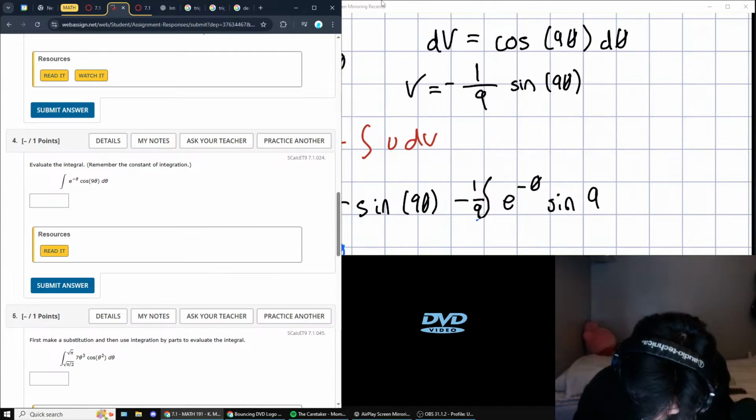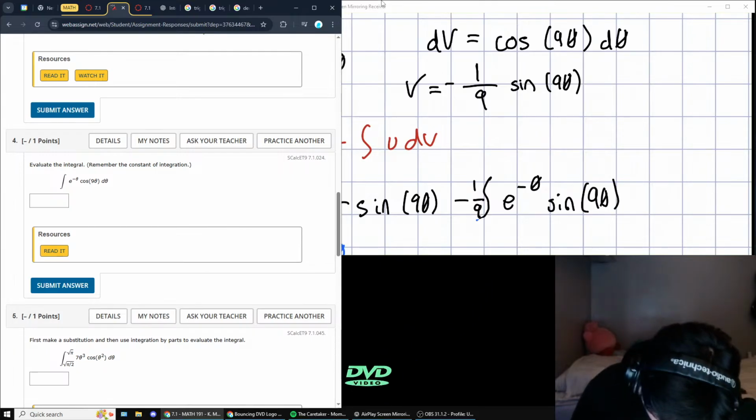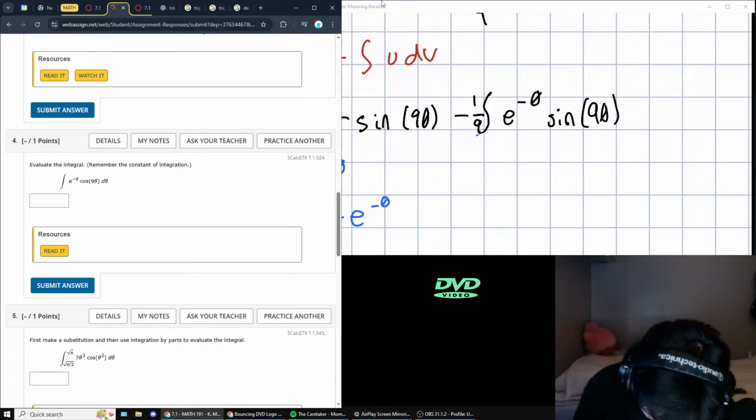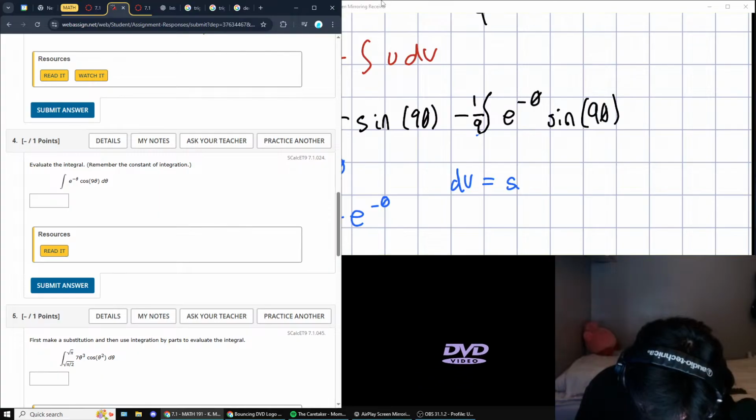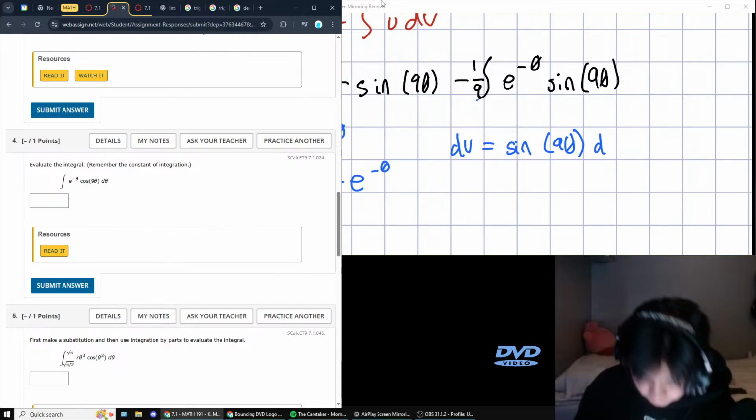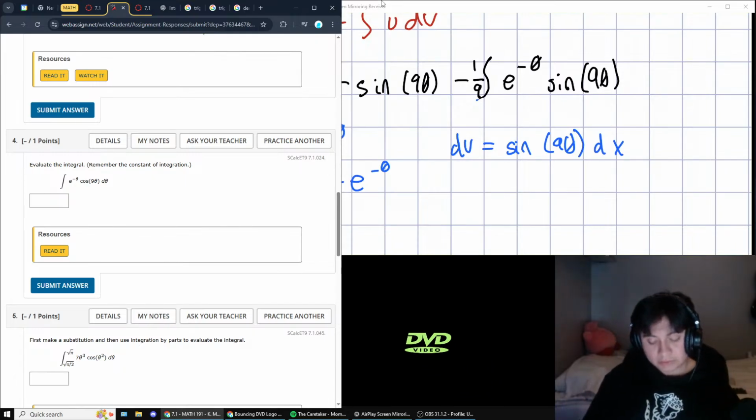Sine 9 theta. So then for this, it'd be e sine, dv is equal to sine 9 theta d theta.